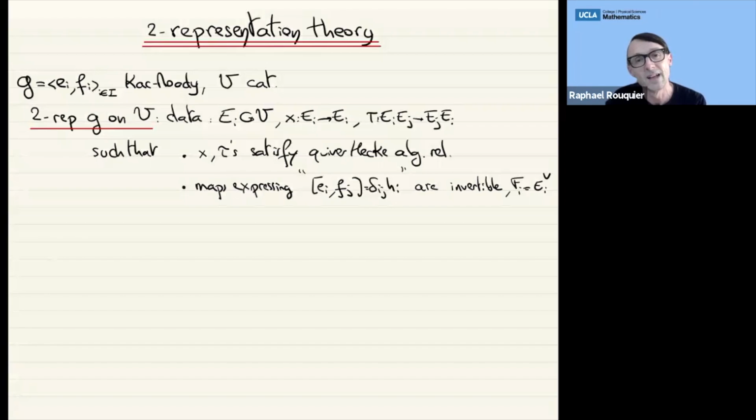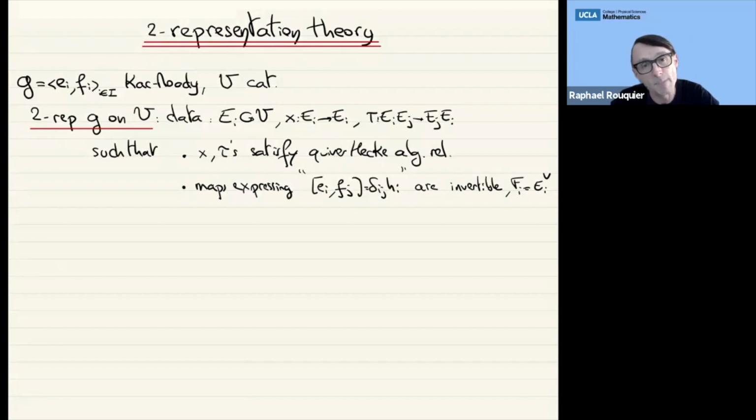You don't need to put the self relations, which are consequences of the relations satisfied by these X and taus, but you need to put some communication between E_i and F_j's. The map tau, when you use the adjunction, does give you a map between E_i F_j and F_j E_i. Using the adjunction, you also get some maps to the identity. Using X, you can also take more maps.